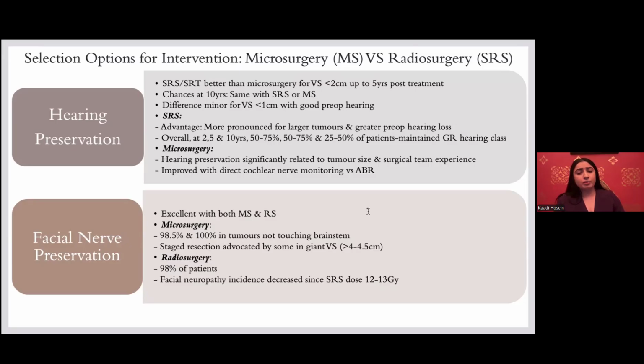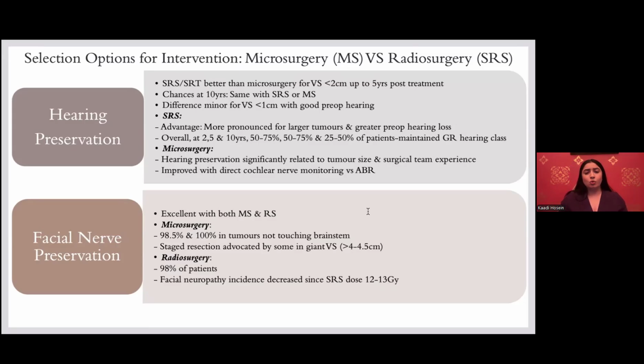The chances of hearing preservation at 10 years is the same with SRS and MS, and the difference is minor for tumors less than 1 cm and very good preoperative hearing. The advantage of radiation is more pronounced for larger tumors and greater preoperative hearing loss.